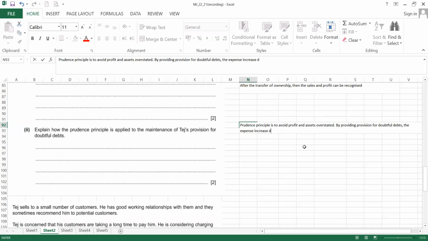increase due to the estimated loss of the debt, which reduces the revenue earned.